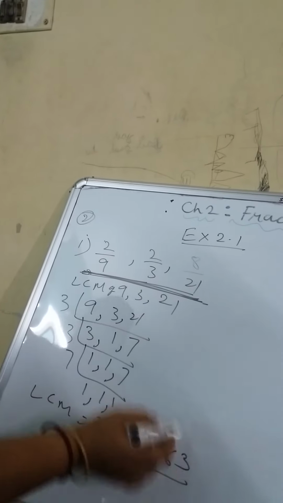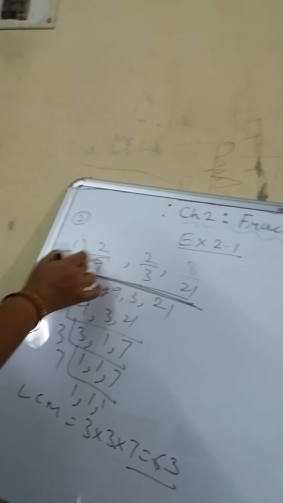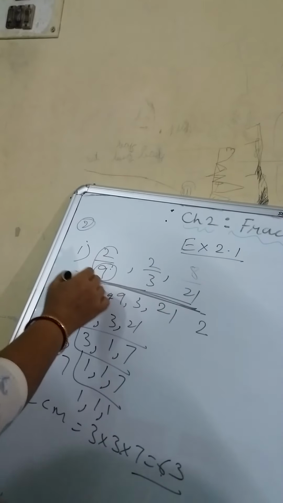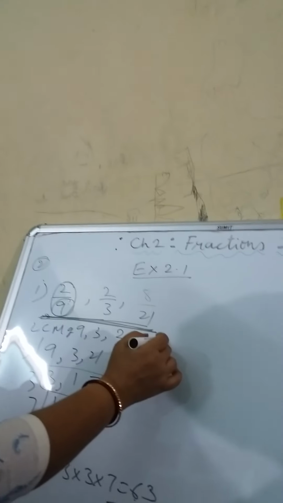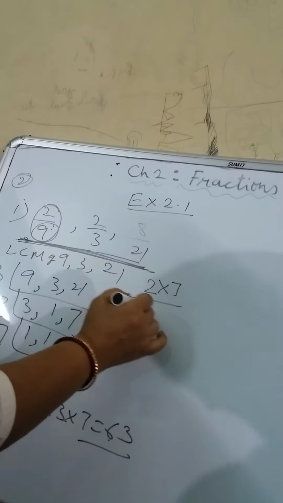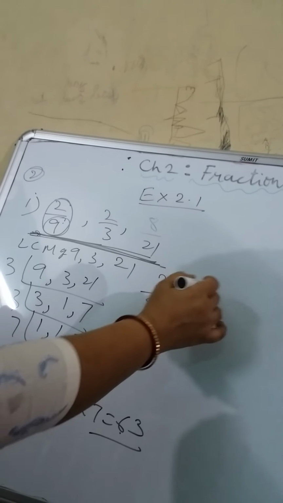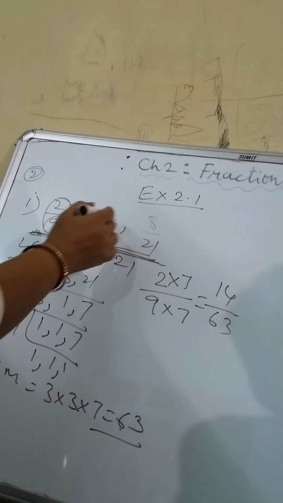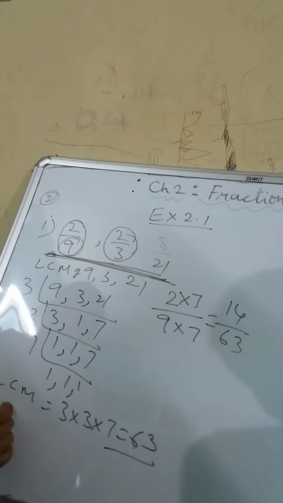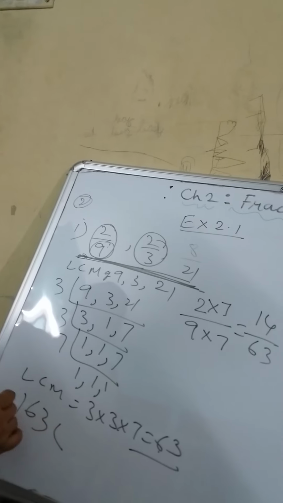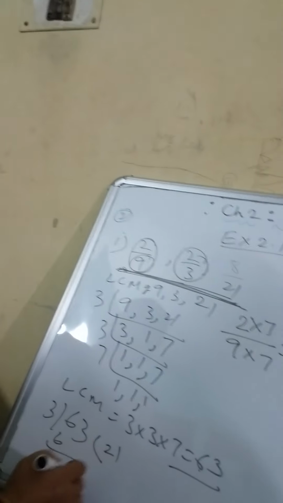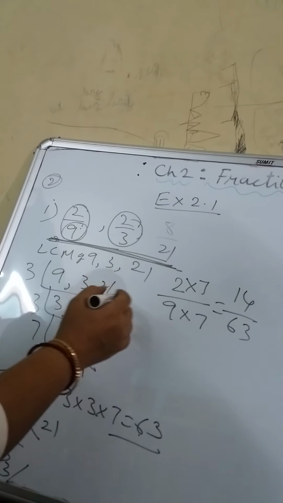So where does that 63 come in 9's table? That is 7. Okay. So that means this fraction, both numerator and denominator, should be multiplied by 7. So it will become 14 by 63. Now 63 divided by 3, that is 21.